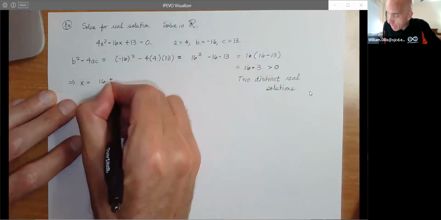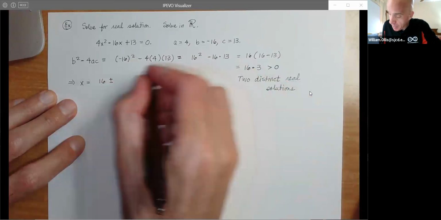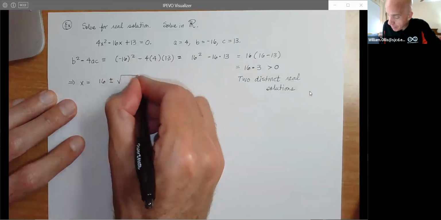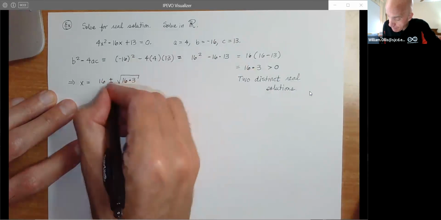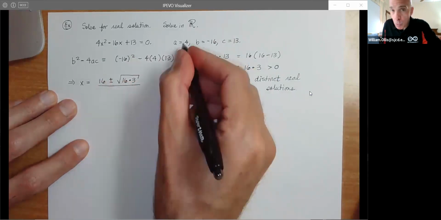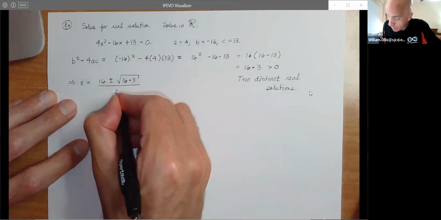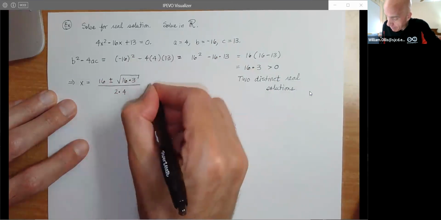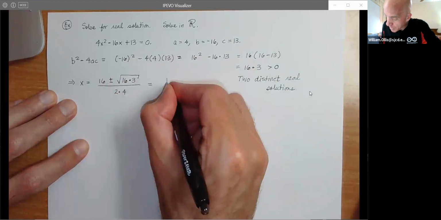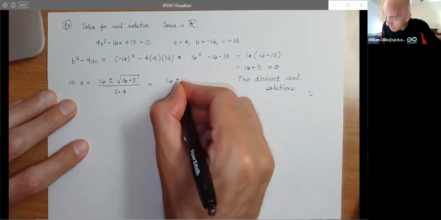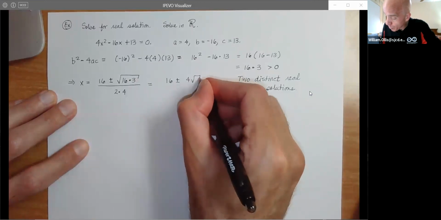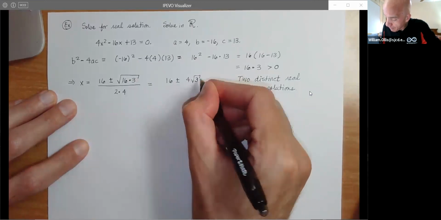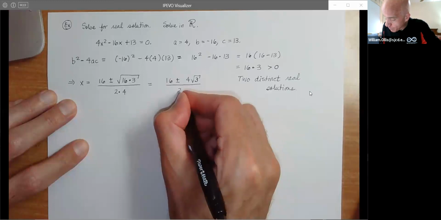Now we take the square root of this, so I'll go ahead and write it out. We have 16 times 3 divided by 2a, 2 times 4. So now we have 16 plus or minus. Now the square root of 16 is 4. We have 4 root 3 divided by 2 times 4.